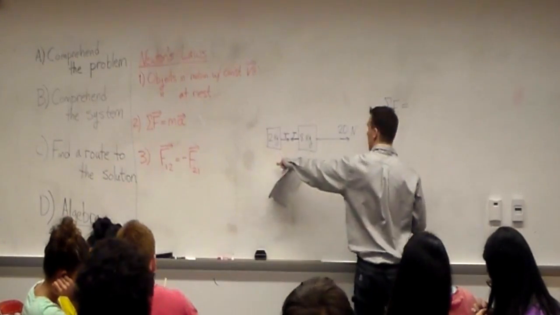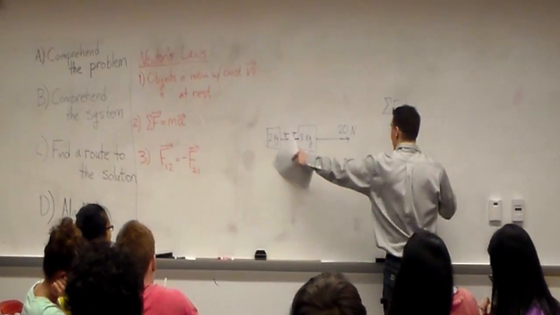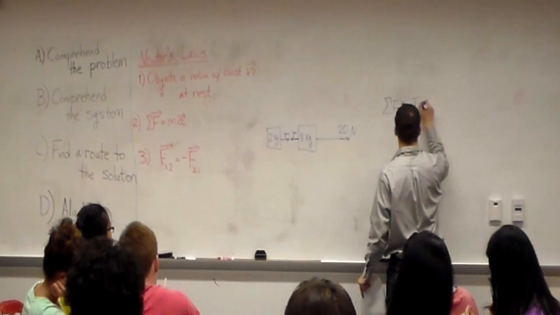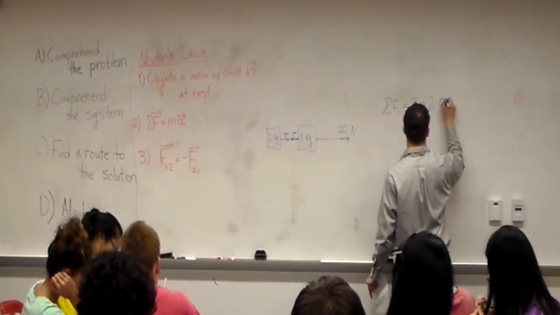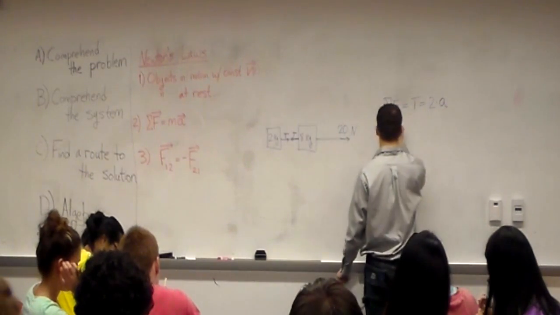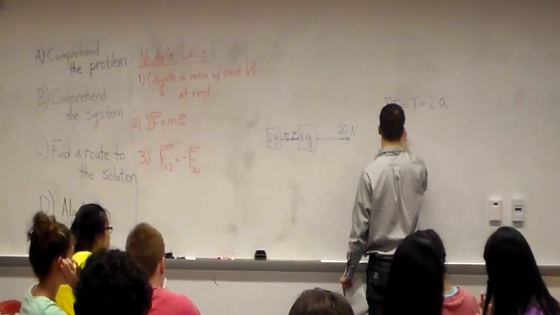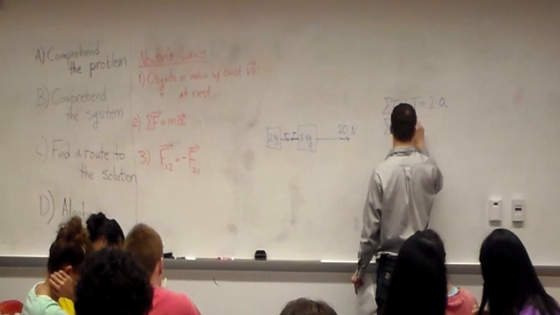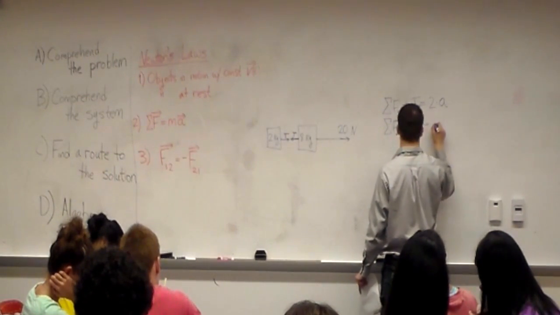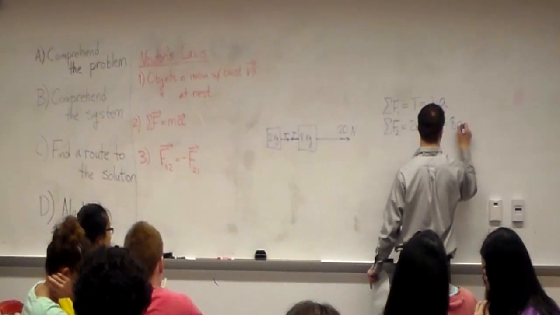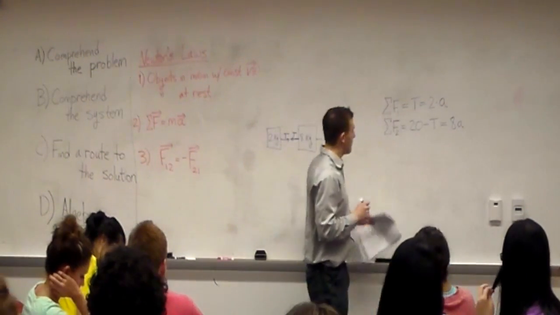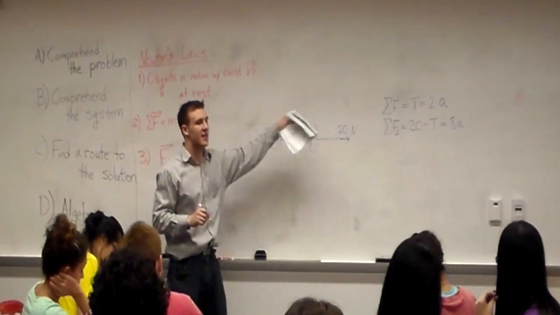And that's all. So the sum of the forces on this guy is just that tension force, and that's equal to 2 times A. The sum of the forces on mass 2 is 20 minus T, and that's equal to 8A. And both of these equations must simultaneously be true.